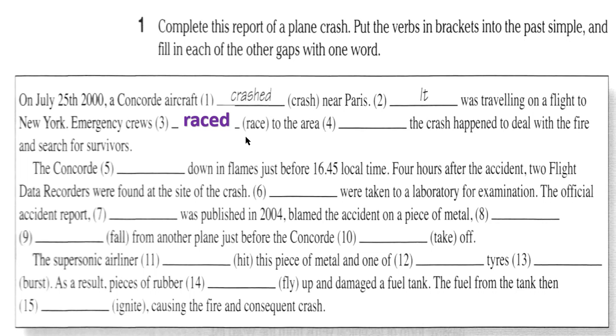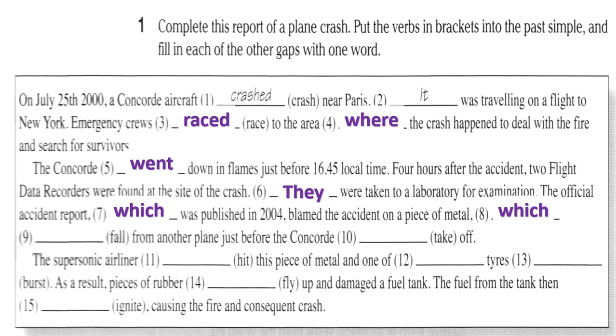To the area. Area is a place, so we will use where. The crash happened, to deal with the fire and search for survivors. Number 5, went. 6, they. 7, which. 8, also which. 9, the past of fall is fell.